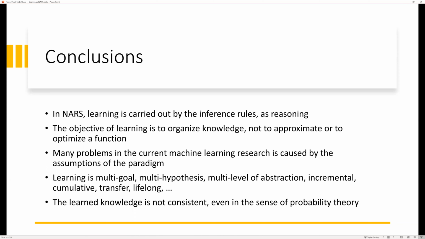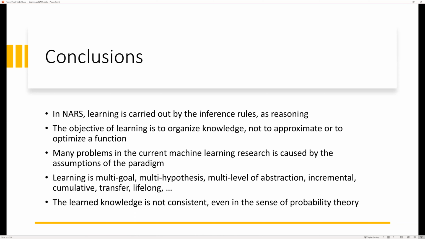I think at the very beginning, learning should be all of those at the same time. Okay, so the machine learning community, to me, is kind of like first narrowing down learning to a very special form and solving that, and then trying to generalize the solution to the real situation. To me, that's not a very fruitful approach.